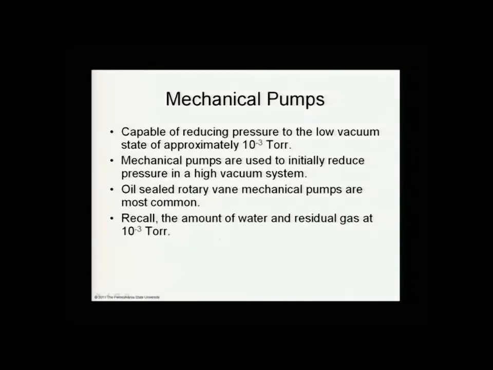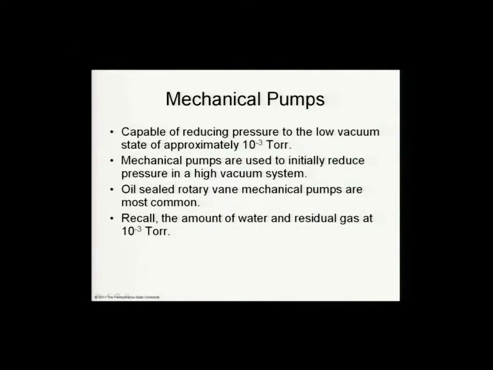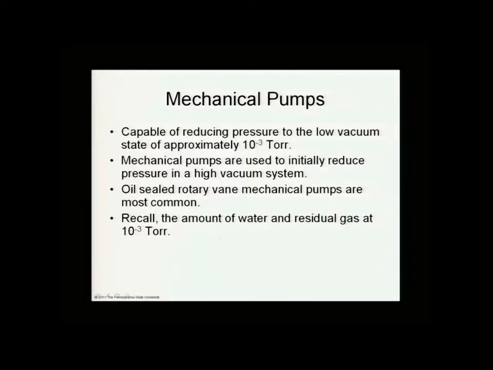They're used to reduce pressure down into the low vacuum state of 10 to minus 3 torr, which, as you'll recall, is just the border of these man-made definitions of low vacuum, high vacuum, and ultra-high vacuum. So a mechanical pump can take you down to that border.